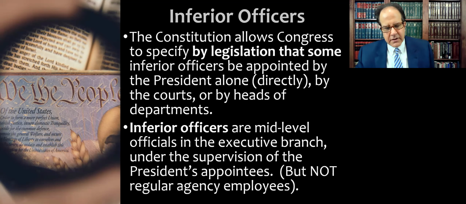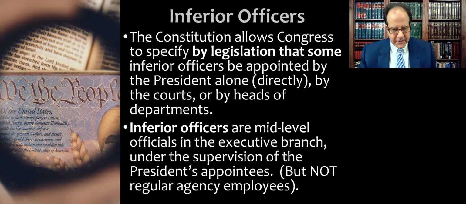But then the Constitution says that inferior officers can be appointed either by the president alone or by courts or the heads of other departments. And so who are these people? They're usually mid-level officials or lower-level officials, not just the staff at an agency. These are people usually with supervisory roles that exercise some discretion, but they're not the top person in an agency.